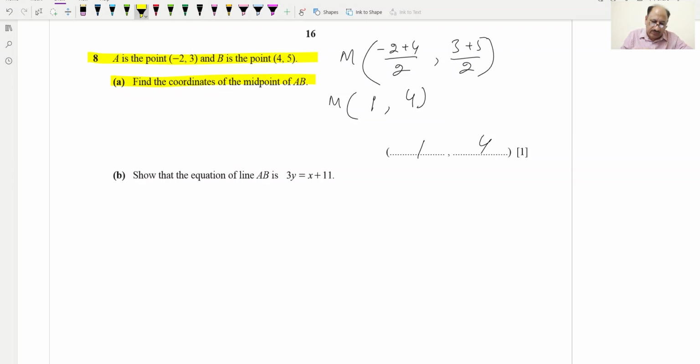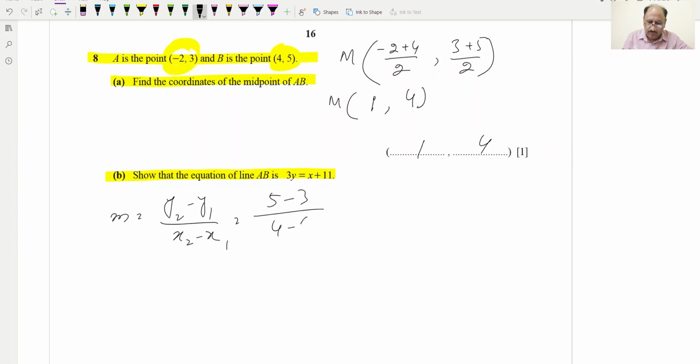Show that the equation of line AB is this one. So for this we need the gradient. This is basically a 3-mark question, so we need the gradient of these 2 points. For that we will be writing m is equal to the gradient formula, y2 minus y1 over x2 minus x1, and this is equal to 5 minus 3 over 4 minus minus 2, and this will be equal to 2 over 6, which is equal to 1 by 3.